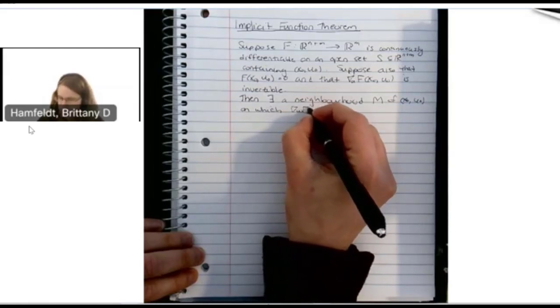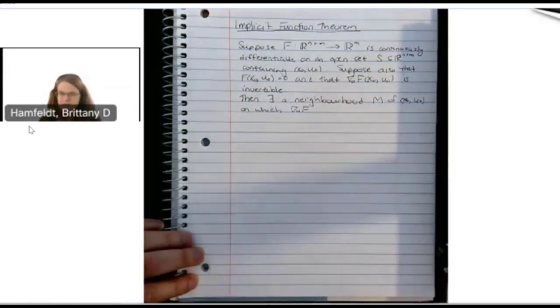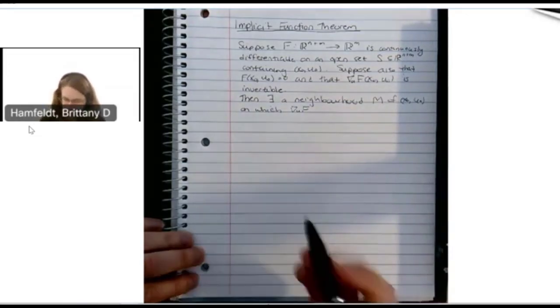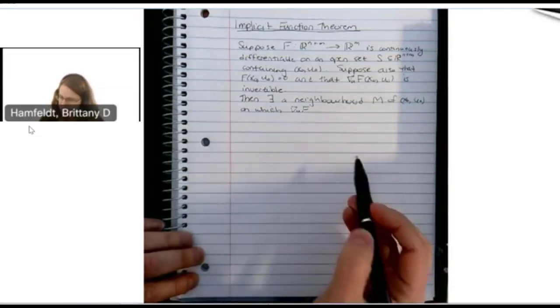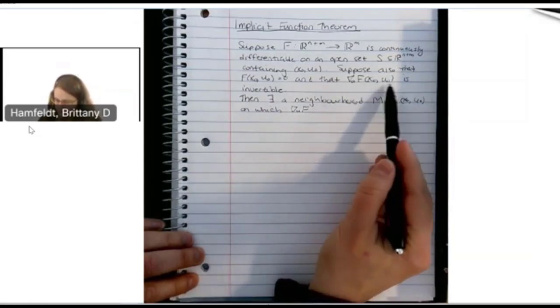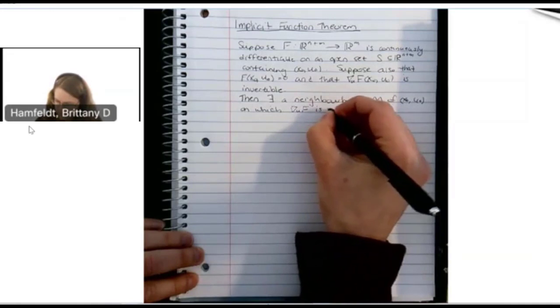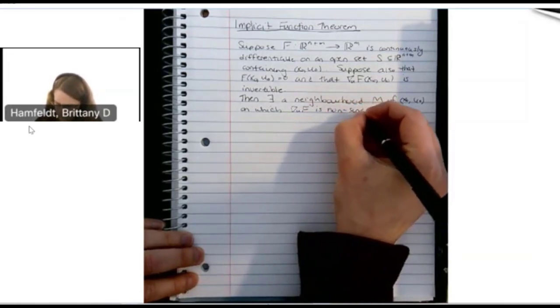There's not much to prove there. The Jacobian is continuous because we've assumed that f is continuously differentiable. So if it's invertible at this point, it will be invertible on a neighborhood of that point. Okay, so I'm not really saying much here.